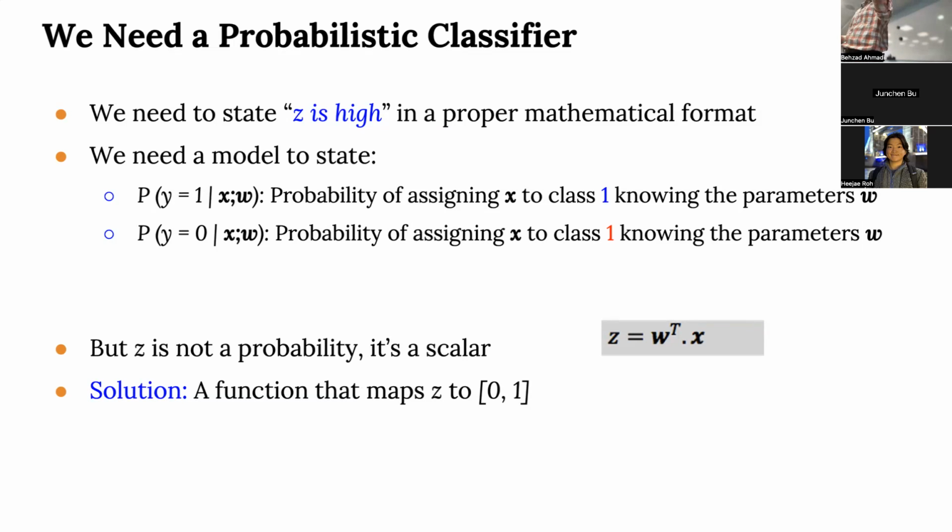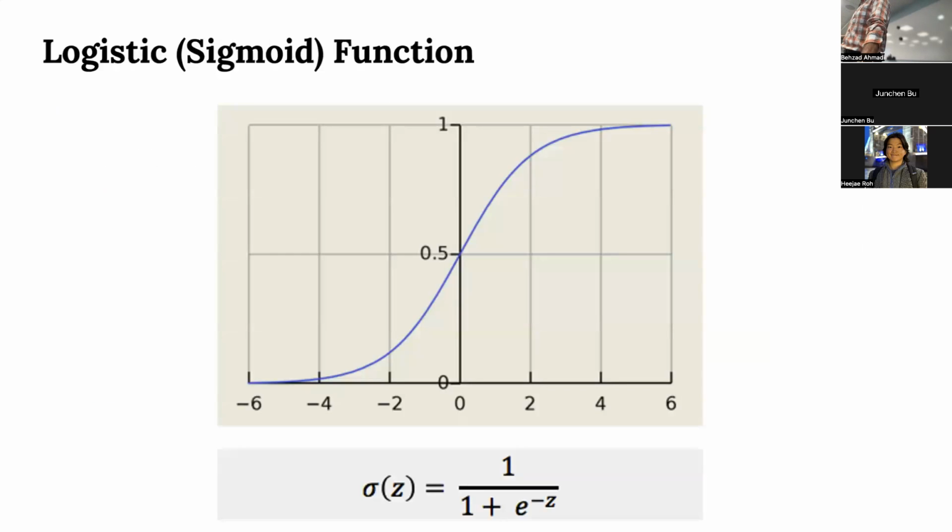How do you convert a number between minus infinity and infinity to a number between 0 and 1? It's called the sigmoid or logistic function. It takes a number between minus infinity and infinity and maps it to a number between 0 and 1.